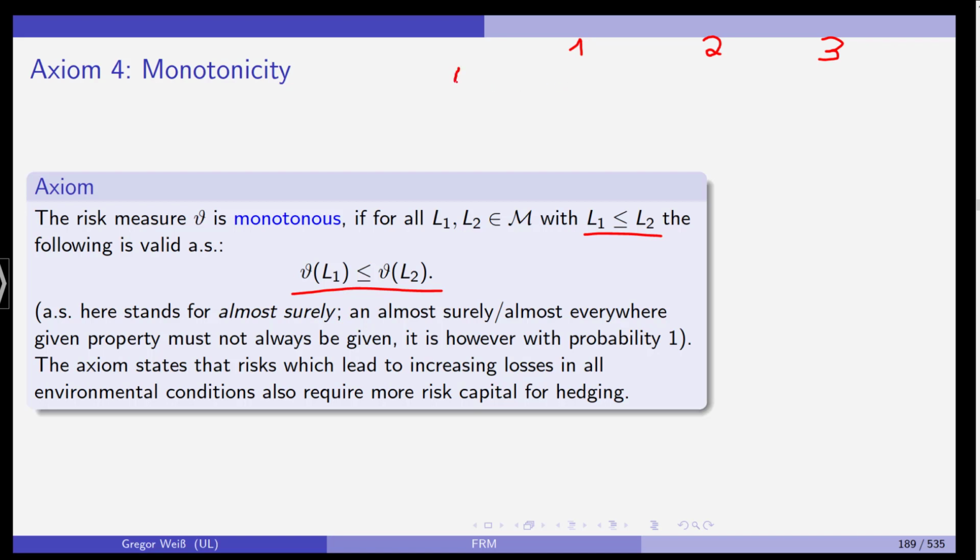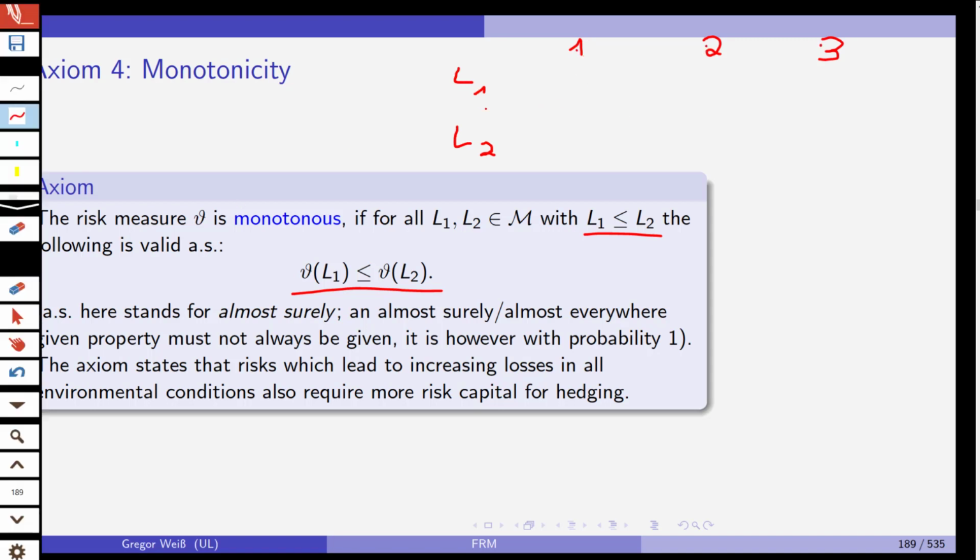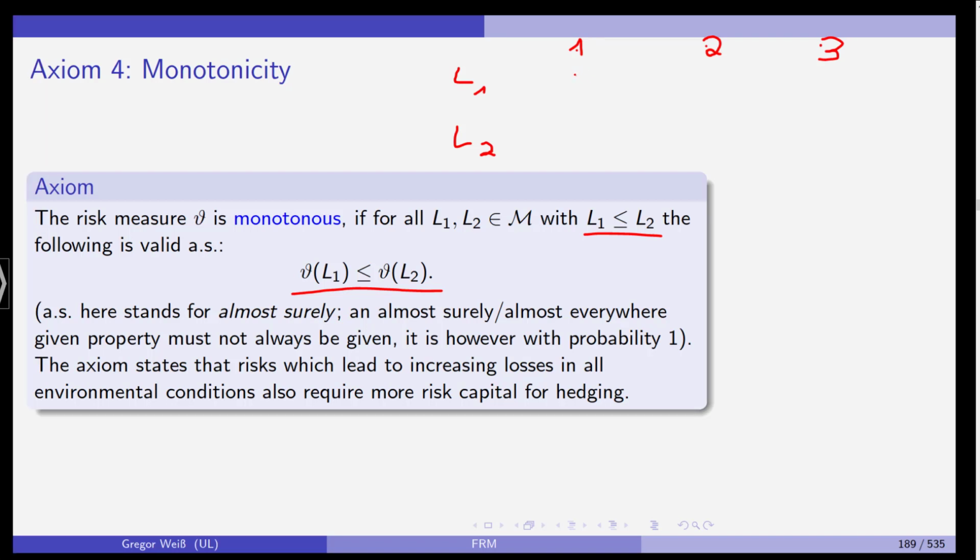If, for example, we have L1 and L2, and we have three states, 1, 2, and 3. And let's say we have potential losses, let's say 3, 5, and 2. And L1 looks like this. Then, yes, L1 is larger than L2.